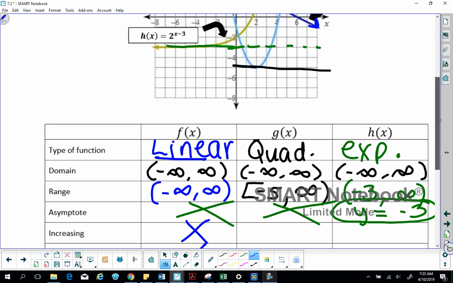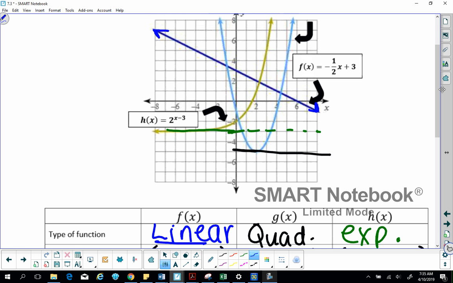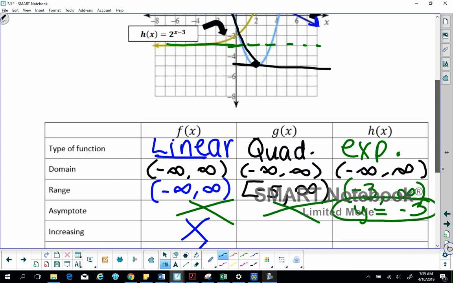What about the quadratic one? When I look right here, I can see from here all the way down to here. Is that decreasing or increasing? Decreasing. So it's decreasing up to when your x is 2, right? So when x is less than 2, it's decreasing.